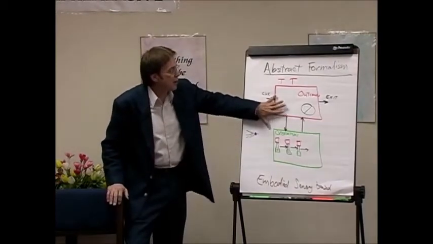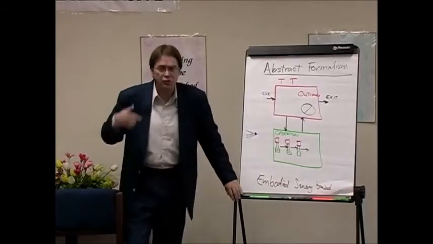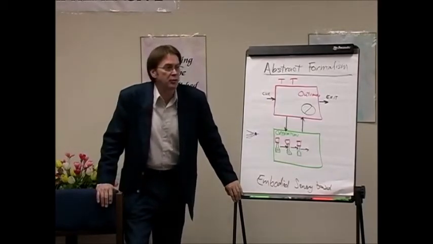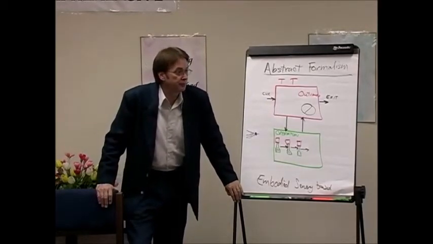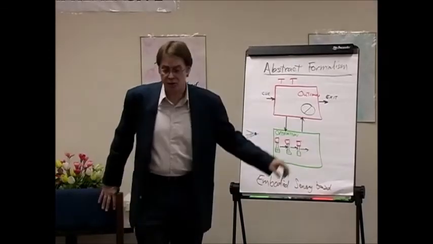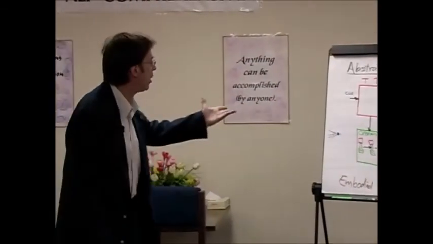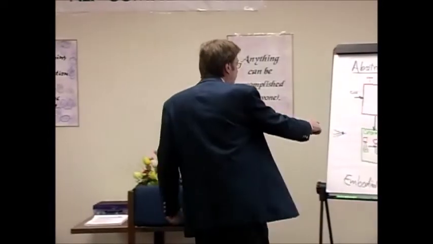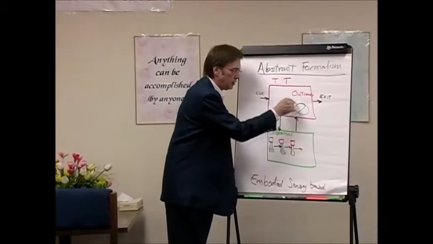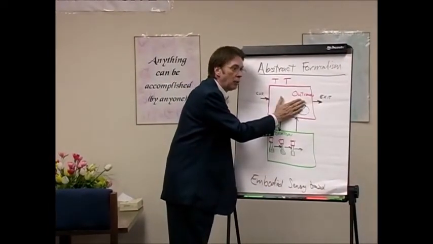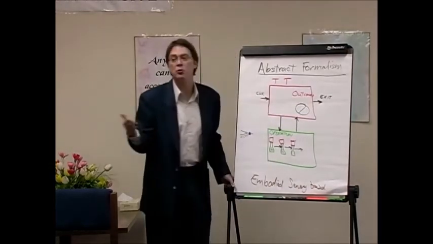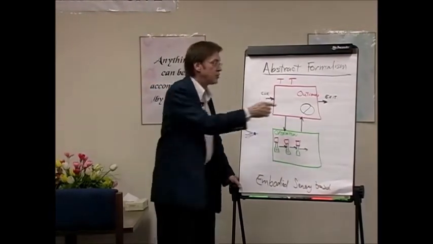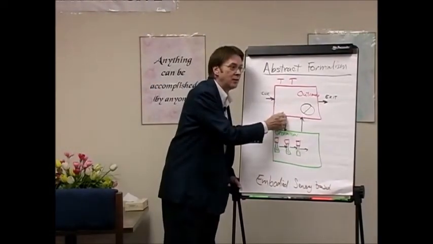Using this abstract model of strategies, though, we get certain insights into experience, and we get the ability to do certain things. For example, one of the real contributions Grinder and Bandler made to this work was, what are these steps made of? How do we know that we've got an outcome? Well, we say, what will you see, what will you hear, what will you feel, that let you know you got what you wanted?